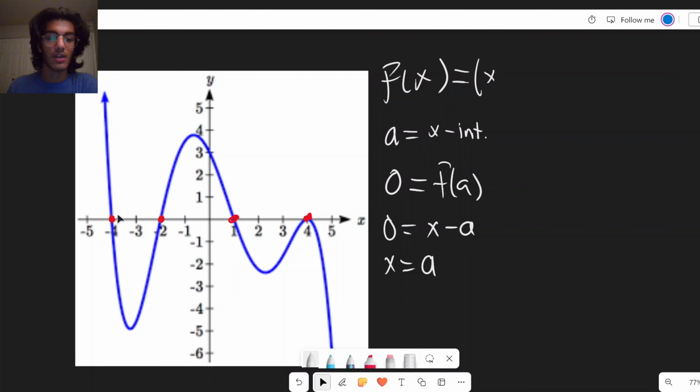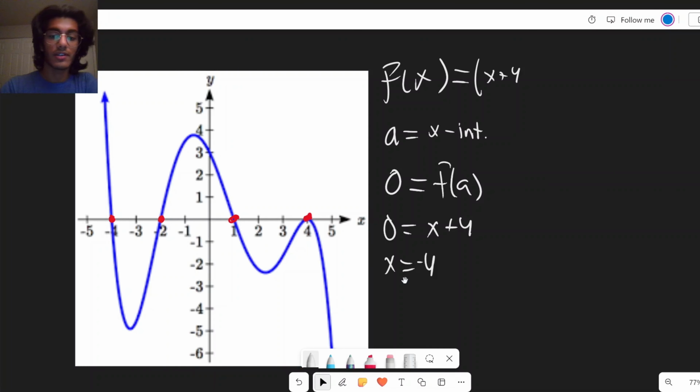Well, here the x-intercepts would be -4, -2, 1, and 4, and so on. So here we would say x plus 4. Why is it plus 4? Well, it's a negative. If I do x plus 4 and subtract 4 from both sides, then we get x equals -4, which is what we have here.